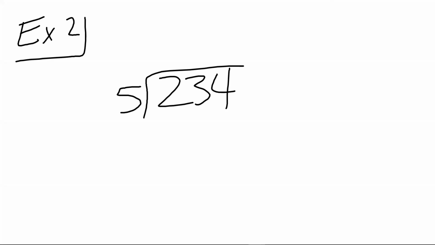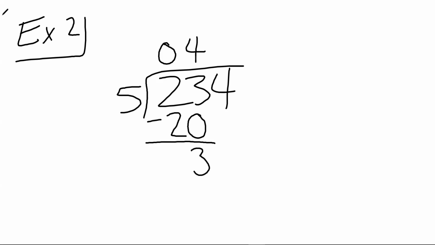So 5 into 23. 5 times 4 is what? Yep, so I would write 20 right here. Then subtraction, so 23 minus 20, what would that be, Evan? And then I bring down my 4, right?